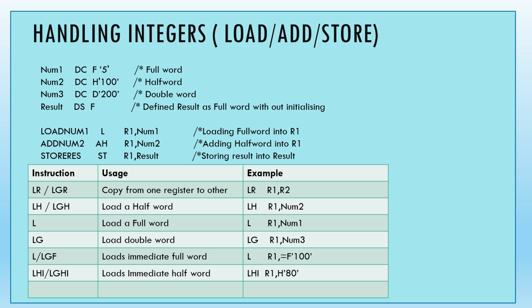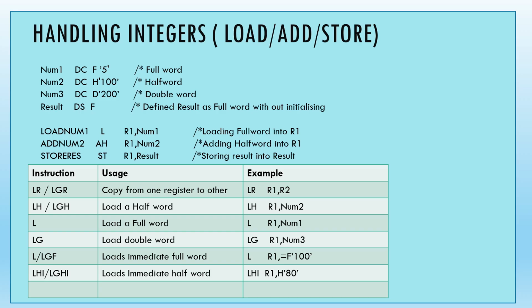Now LG: every time you are taking a double word and storing it somewhere, you have to use LG. You will not see the LG instruction in many places in the old code, because this came only when z/OS became 64-bit. Earlier it used to be called S/360, 370, 390.